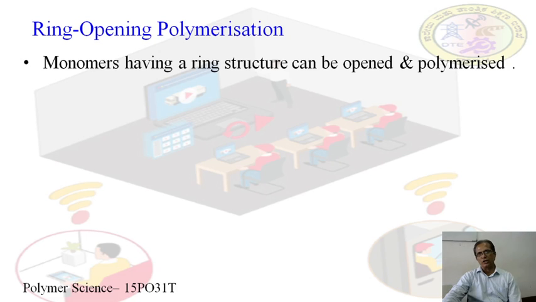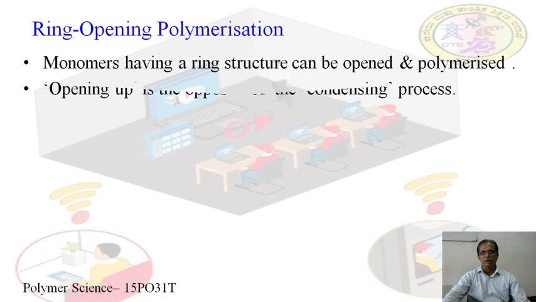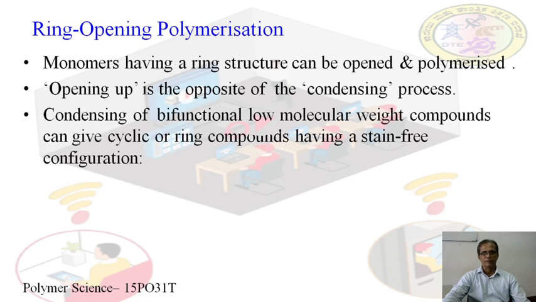In polymerization, the ring structure will be opened and it will be polymerized. Opening up is the opposite of the condensing process. The condensing of bifunctional low molecular weight compounds can give cyclic or ring compounds having a strain-free configuration.